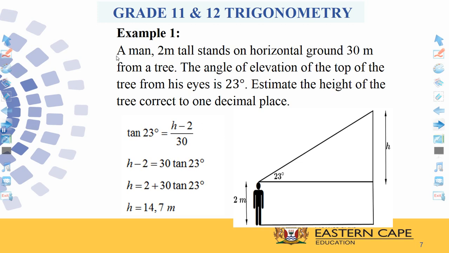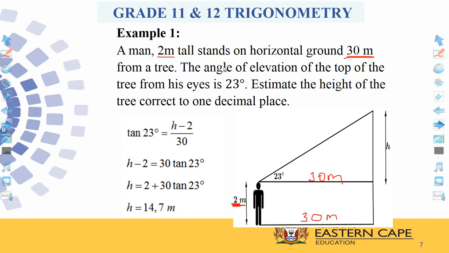Now they say a man who is 2 meters tall. 2 meters tall is very important. So go to the diagram. There is 2 meters. Right? On a horizontal ground, 30 meters from the tree. It means now this is 30 meters. The distance from the tree to the man is 30 meters, which is obviously also the same as that one, the 30 meters.